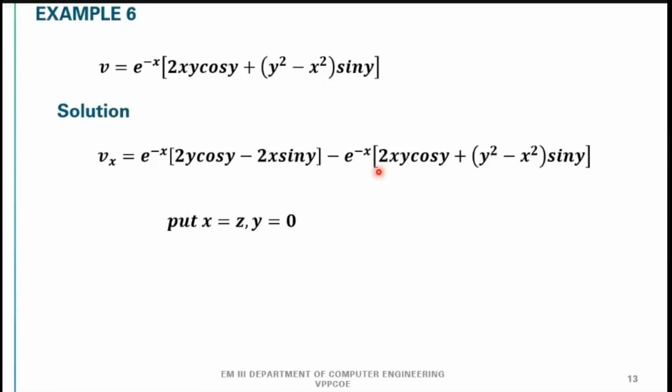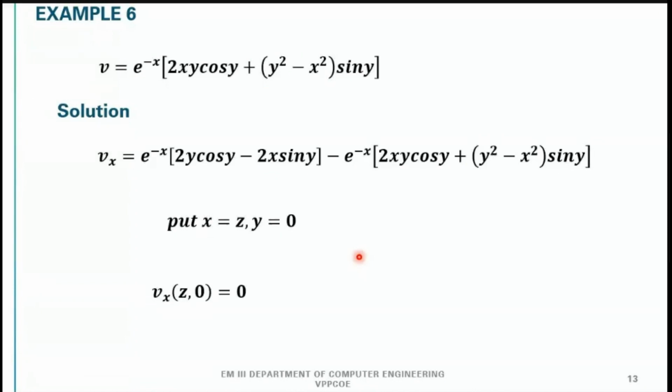What will be vx when I put x is equal to z, y equal to 0? आई थिंक हर एक टर्म में y है शायद, जब sin y है. यहाँ पे y है तो y की वैल्यू 0 है, तो ये टर्म 0. यहाँ पे sin y है, sin 0 is 0. यहाँ पर भी y है, that is 0. We are having either y or sin y का term, and then y is equal to 0, the whole terms will become 0, so we will get vx is equal to 0. Correct.